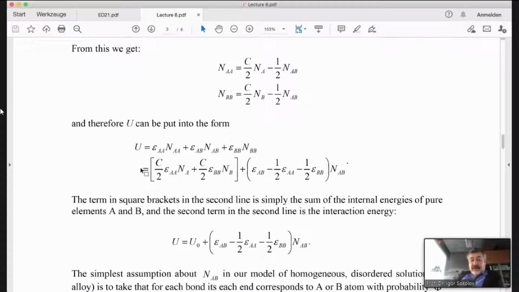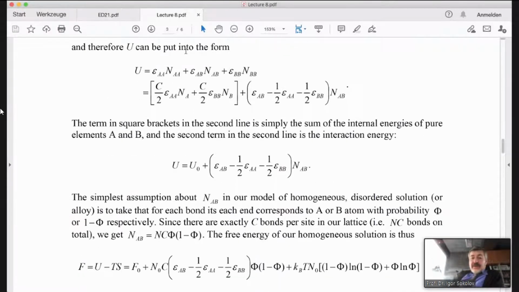This is the internal energy of the pure A substance. And this is the internal energy of the pure B substance. And this is the correction in the internal energy to these pure substances due to interaction.